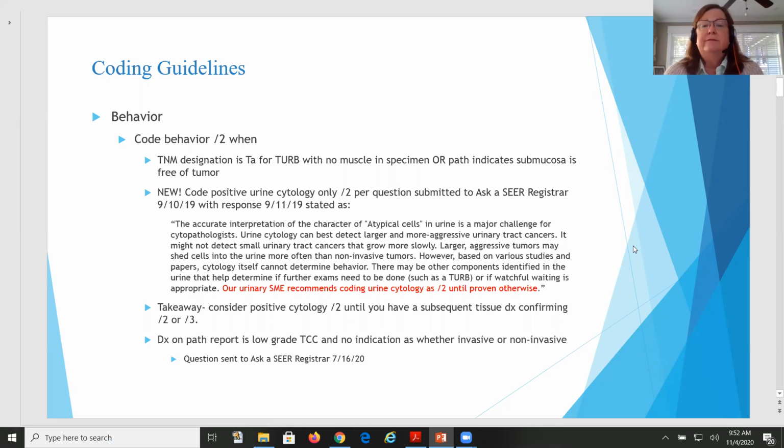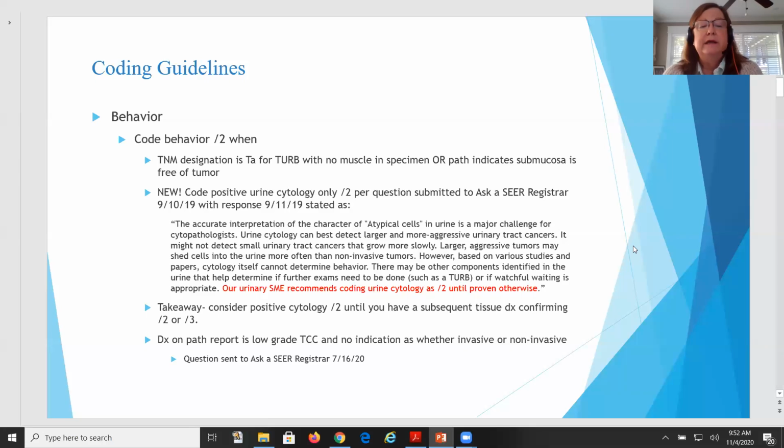There's a long explanation here that you can read on your own later, but basically they were saying it's likely that if you have malignant cytology you're looking at an invasive tumor, as the more aggressive tumors will shed cells into the urine more than the non-invasive tumors. However, based on various studies and papers, cytology itself cannot determine behavior. So the SEER urinary subject matter expert recommends coding urinary cytology as behavior /2 until proven otherwise.